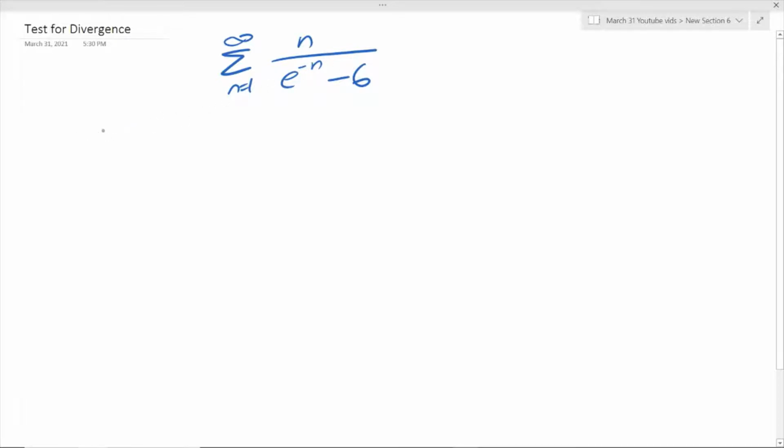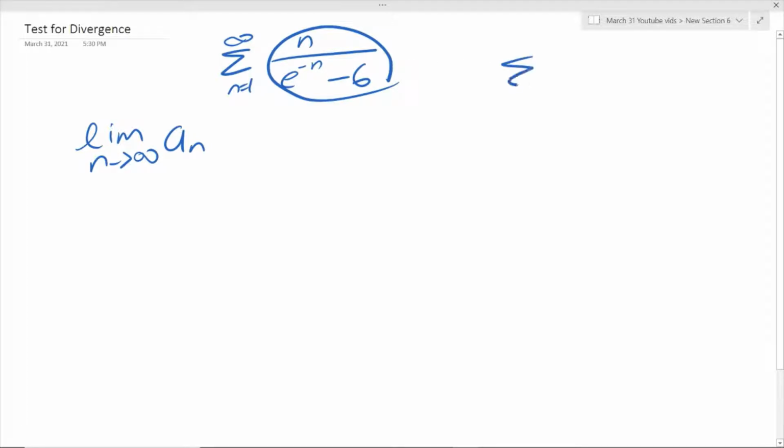To test for divergence, we are going to evaluate the limit of an, and this part is an, because the form from before, as we mentioned, looks like this. So we're just going to copy it and write it right in here.